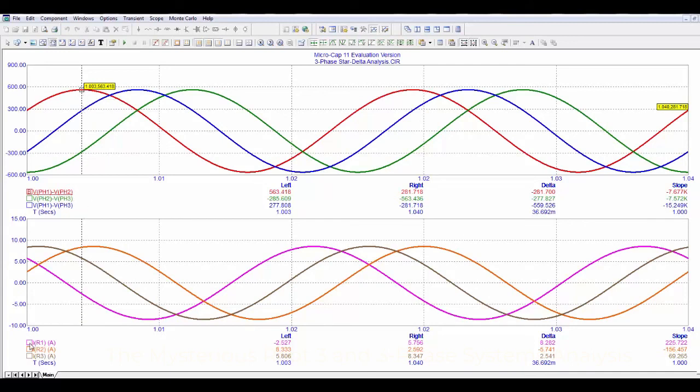Okay, if I move down here and look at these currents and bring this marker over, need to go to a peak somewhere. Okay, we have a peak current of 8.544 amps. If you were to go away and work out what XL was, XL is 2πFL, for each of those loads. So 2π times 50 times the inductor value 0.2, you end up with 20π, and 20π comes to 62.8.